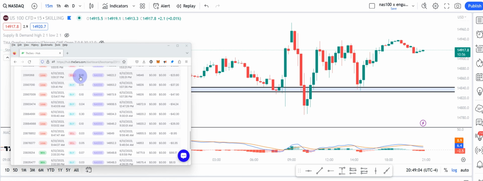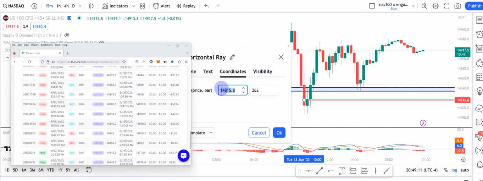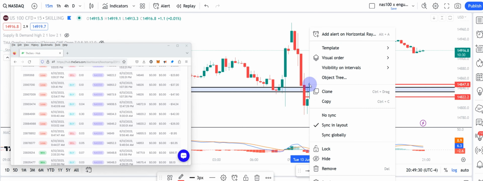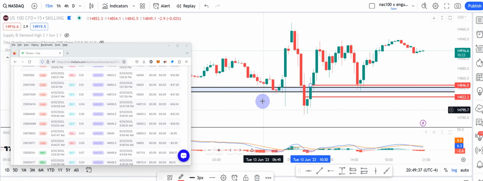Next trade, this one. Next one, I entered same candle again. I went in with a sell, 822.2, and then I got stopped out here at 14,846.